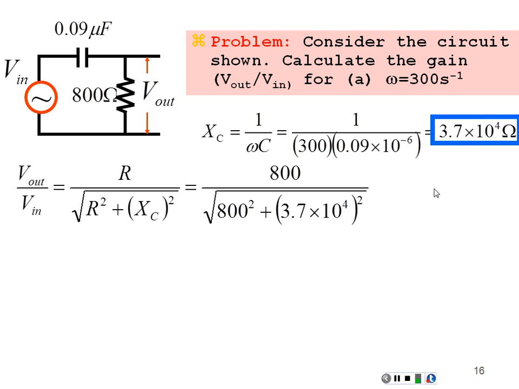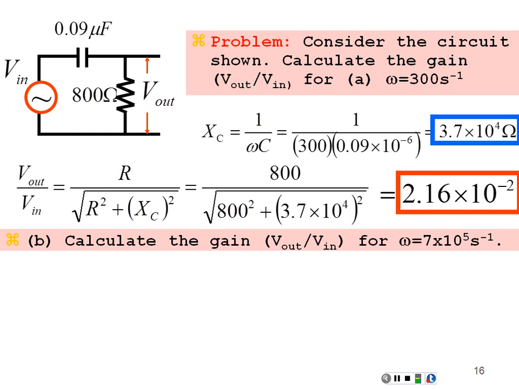And hence, our ratio of V out over V in will be resistance over the impedance, 800 over the square root of 800 squared plus 3.7 times 10 to the 4 squared. That will give us a V out over V in of 2.16 times 10 to the minus 2, or only about 2%. So at that frequency of 300 per second, only 2% of that signal is going to make it through.